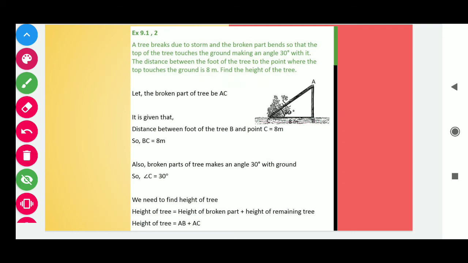Let the broken part of the tree be AC. It is given that the distance between the foot of the tree B and C is 8 meter. Also, the broken part of the tree makes an angle of 30 degree with the ground, so angle C is 30 degree. We need to find the height of the tree. For that, the height of the tree is the perpendicular AB and the hypotenuse AC.